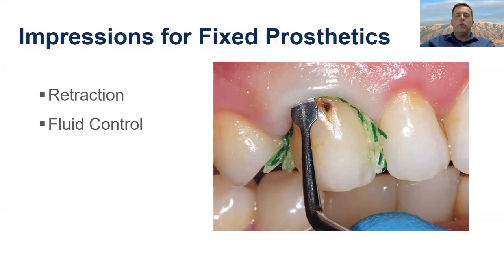And I think that really the hidden benefit of custom trays is that the thickness of the impression material over whatever you're impressing is very uniform. So you're going to tend to get less distortion from big areas of impression material and small areas of impression material during polymerization. And you're also going to get better hydraulic pressure forcing the material onto the tooth. So I would say yes, it would be helpful.